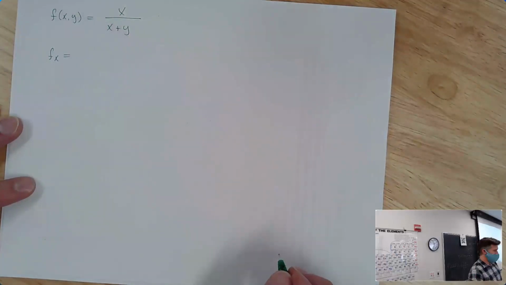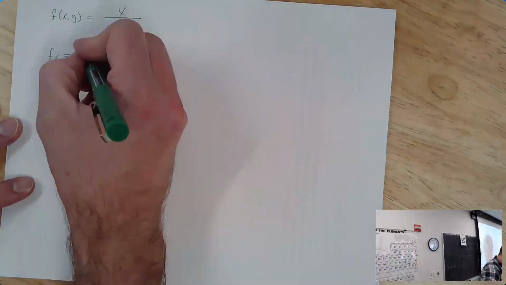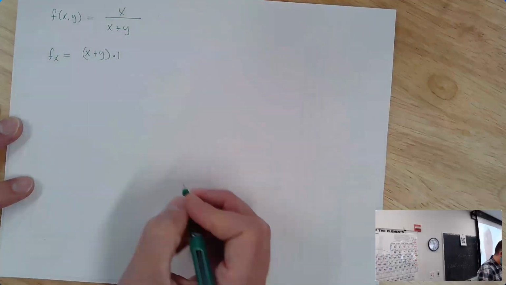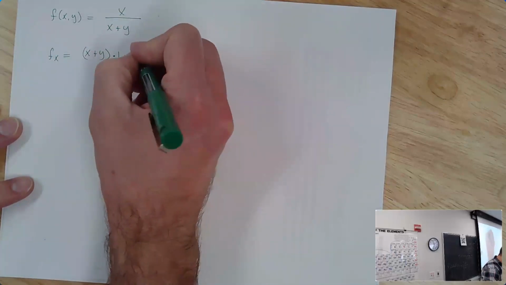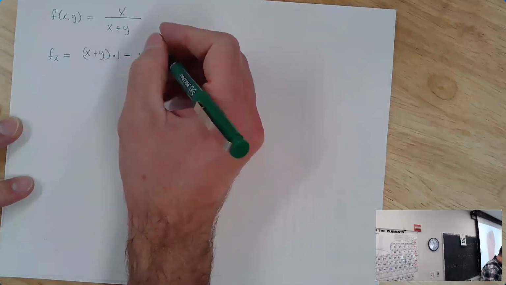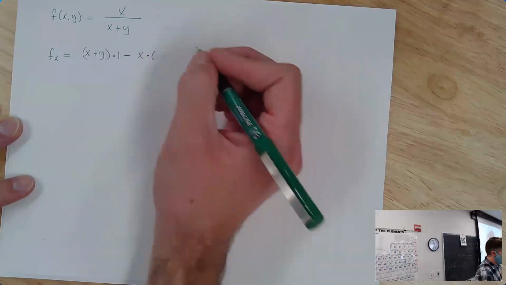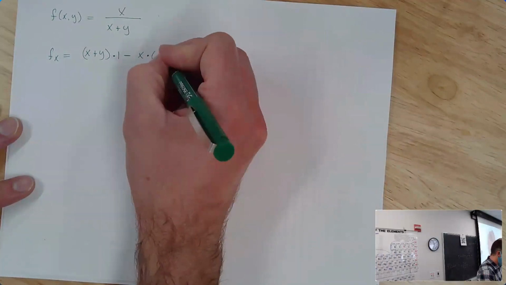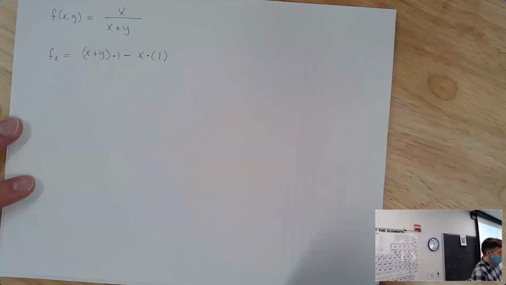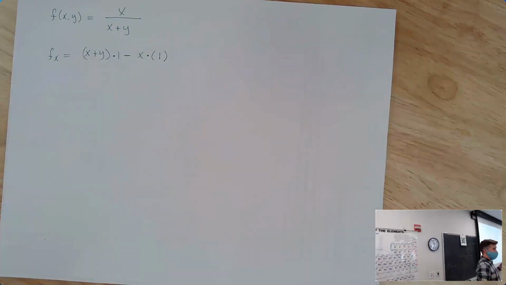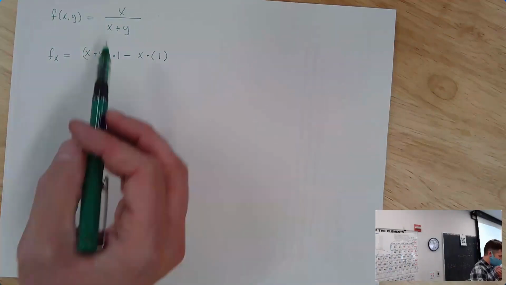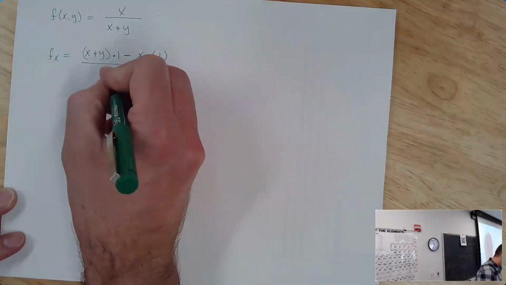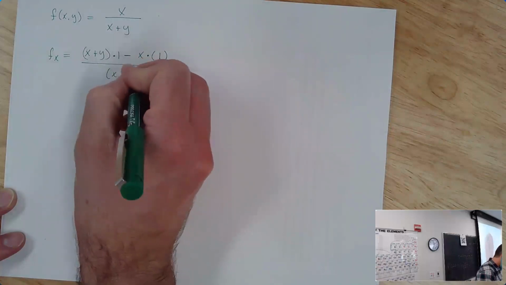I'm going to use the quotient rule: the bottom times the derivative of the top minus the top times the derivative of the bottom. What is the derivative of the bottom going to be? Just 1, right? Because I'm differentiating with respect to x. So the derivative of the bottom is 1 plus 0, divided by the bottom squared.